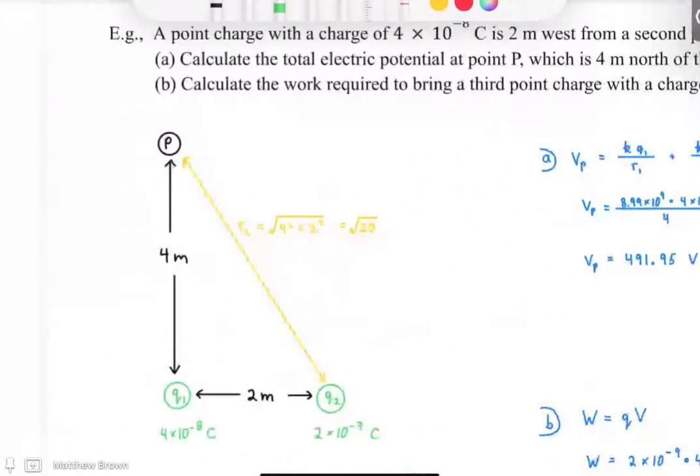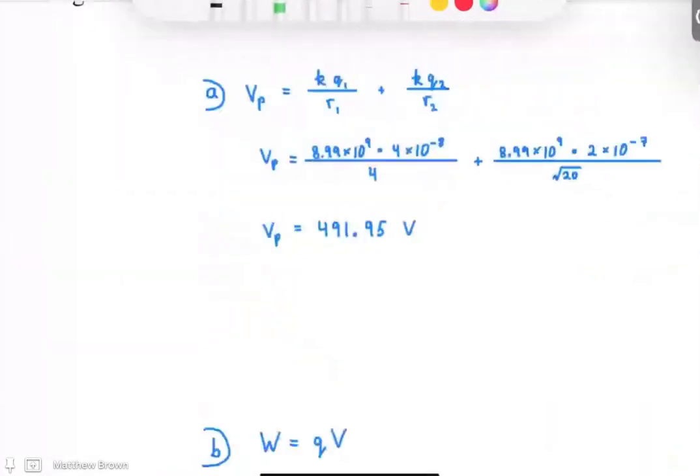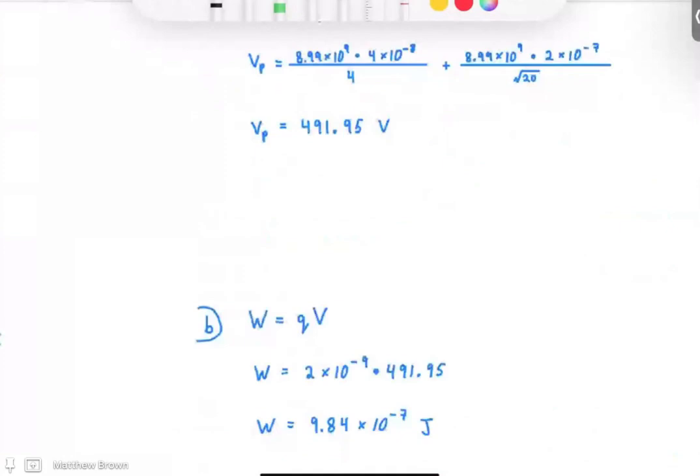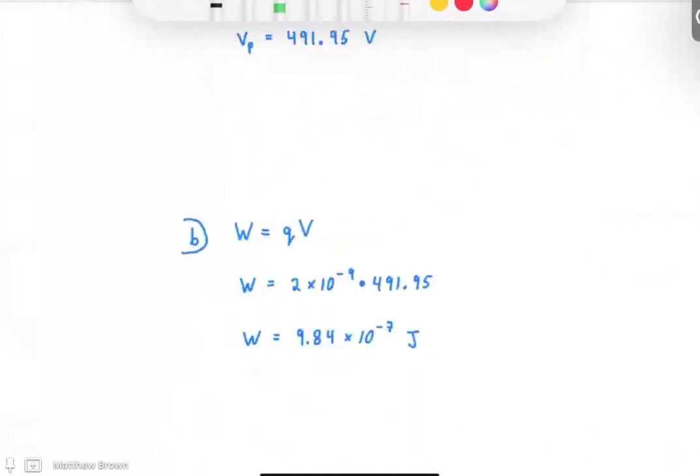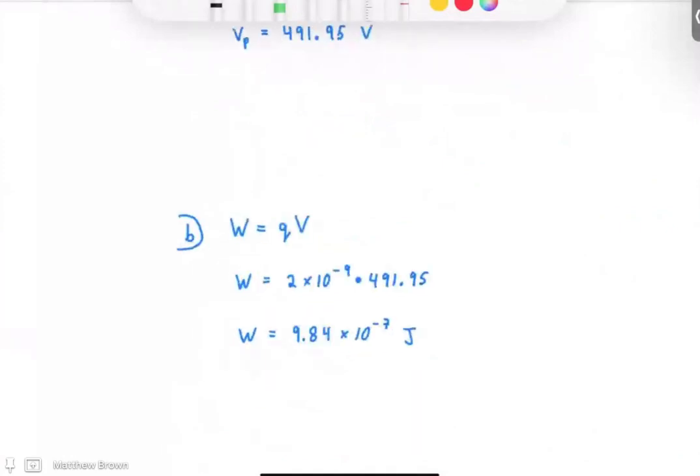We already know the potential difference at that point. We just calculated it, 491.95, and that's the amount of work per coulomb. So if we have a 2 times 10 to the negative 9 coulomb charge, then the work is just Q times V. Work that out, and we get 9.84 times 10 to the negative 7 joules.